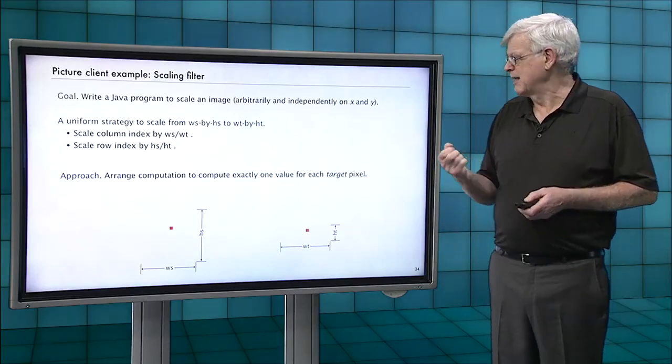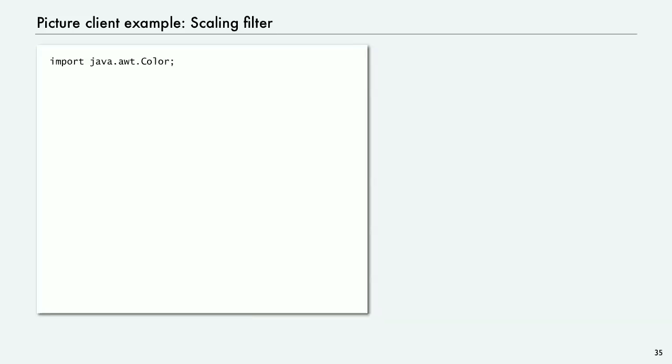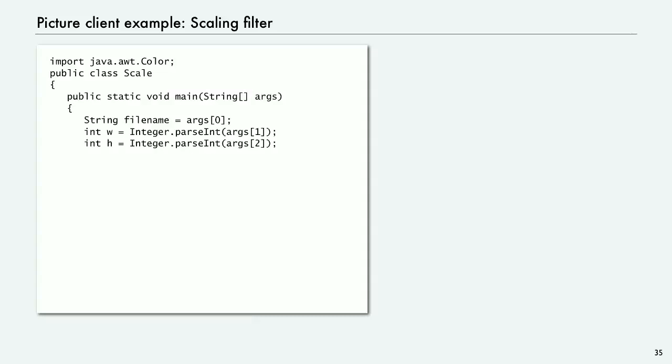So we're going to do that by scaling from the source, making sure that we get a defined pixel value for every row and column in the target. To do that, we just take whatever row index we get by scaling the target row index, and whatever column index we get by scaling that. So it turns out to be a pretty simple program.